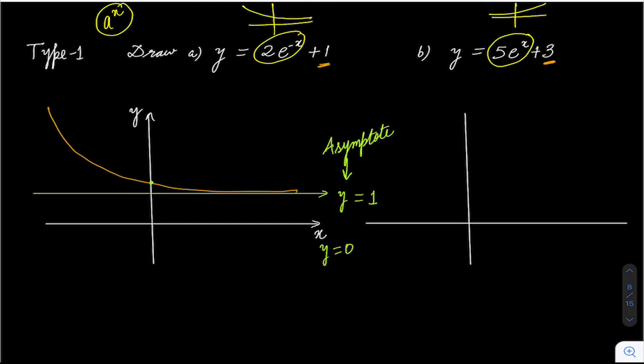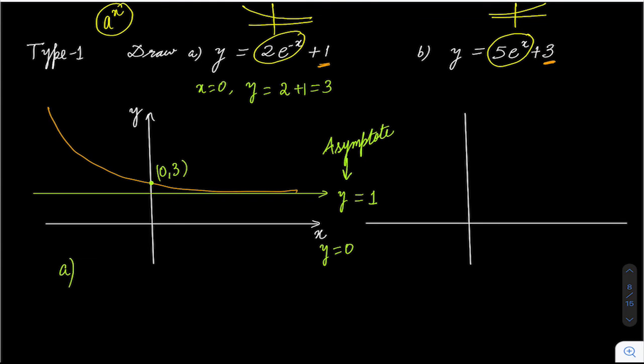And where it cuts the y-axis, that is very easy to see, because on the y-axis x coordinate is 0, so substitute x as 0. So when x is 0, I will get y as 2 times e power 0, which is 1. So 2 times 1 plus 1, so that is 3. So this point is (0, 3). So this is my graph.